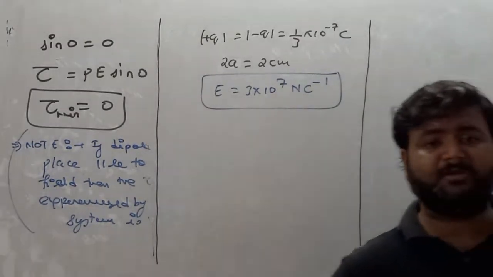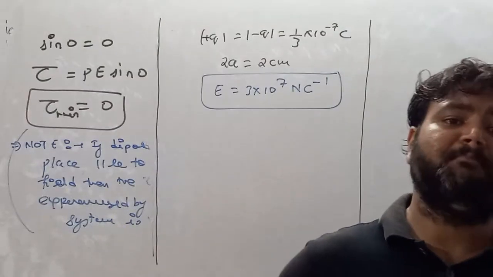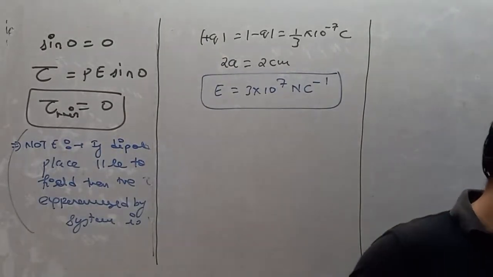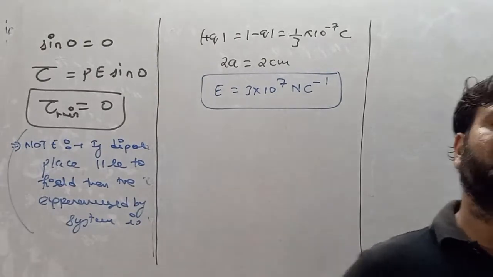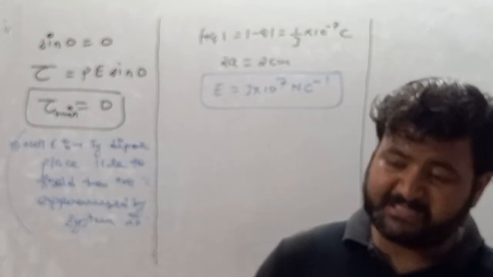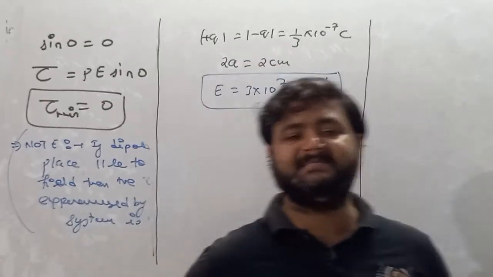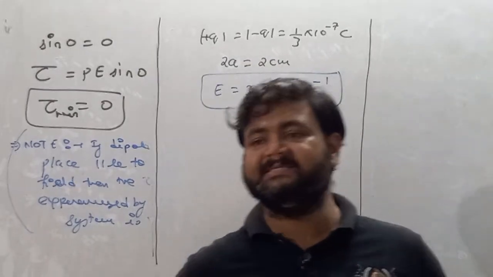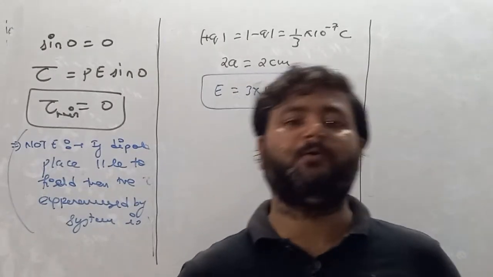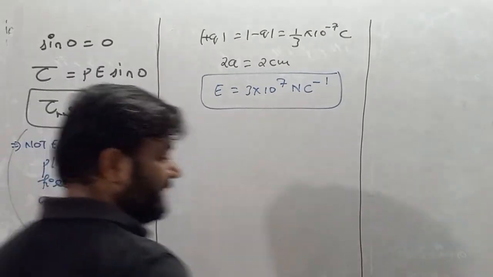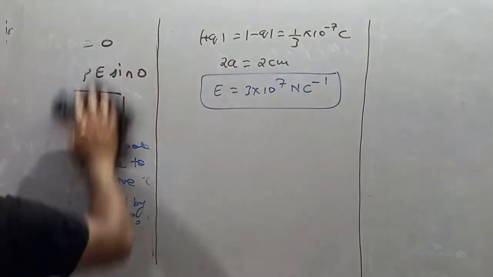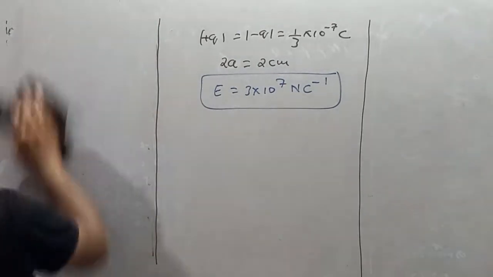What maximum torque does the electric field exert on the dipole? So in this question, my dear students, we have to find the maximum torque acting on the electric dipole due to the electric field.